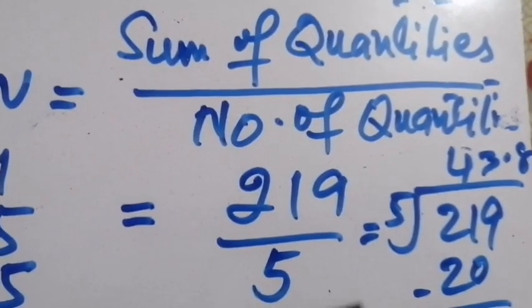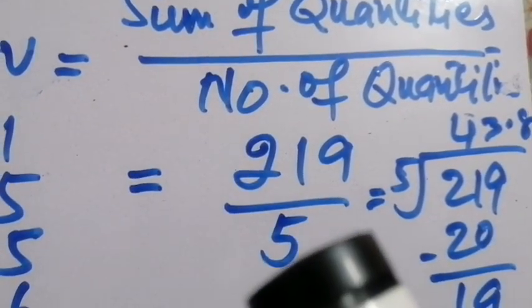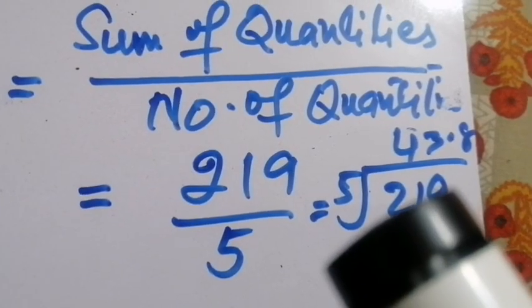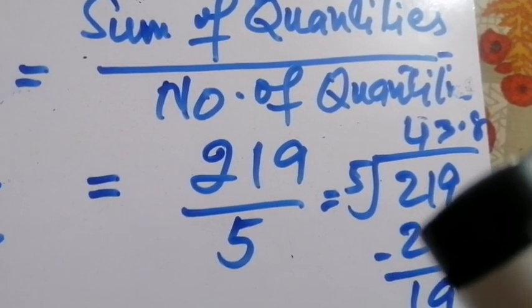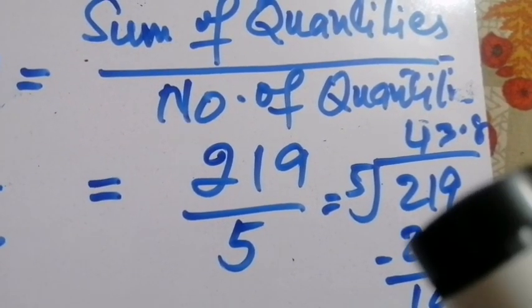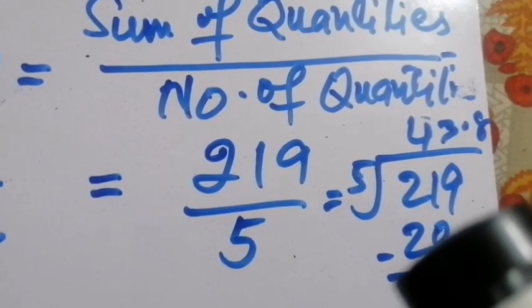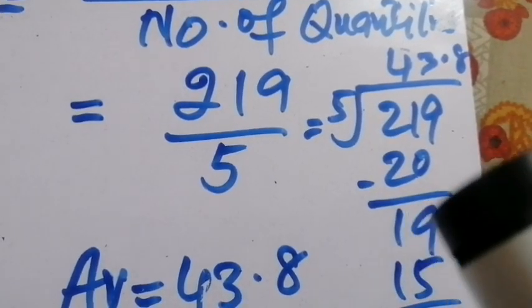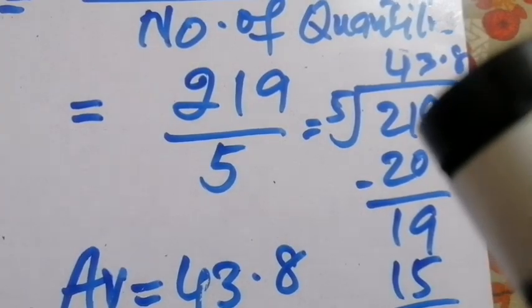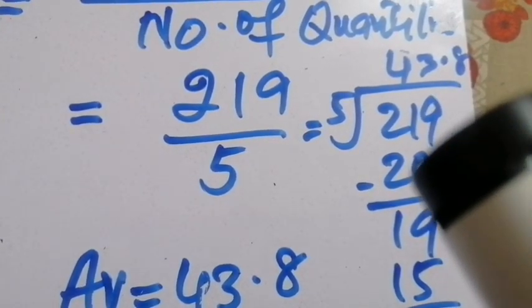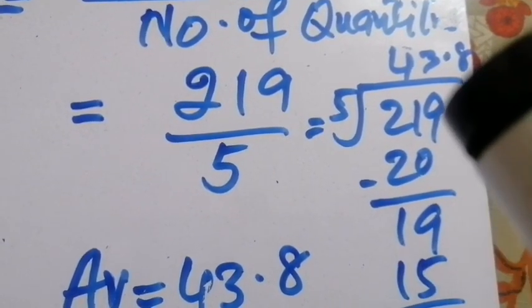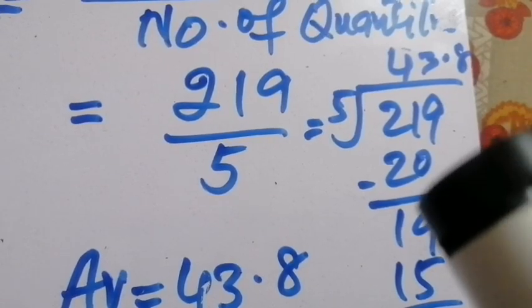So you got 219 divided by 5. 5 4s are 20, minus, 1 minus 0 is 1, and we'll bring 9 down.